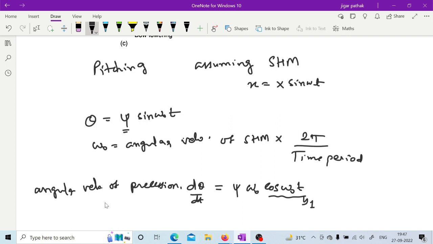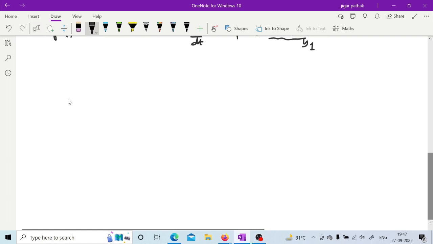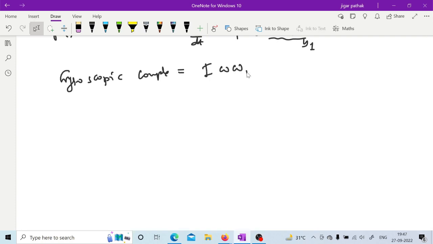Now in case of pitching, if you want to calculate the gyroscopic couple, it will again be I omega omega p, and as you have seen, omega p is nothing but phi into 2 pi by time period.